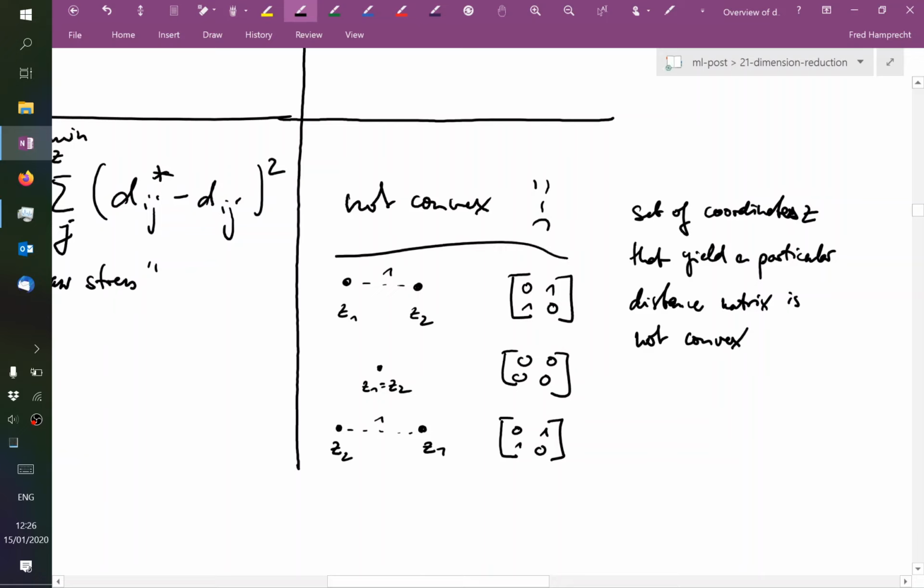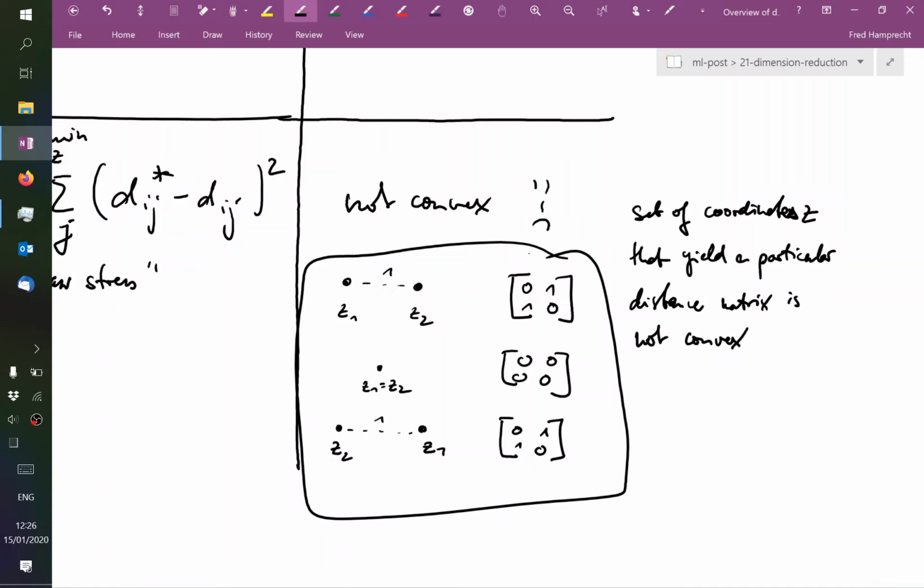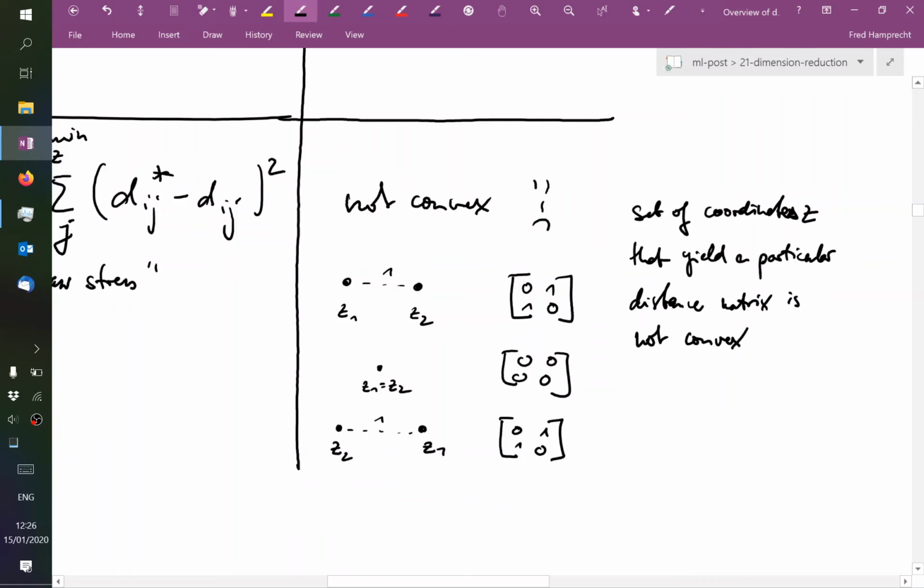And so why did I make this argument here? Because a set is convex if we can take 2 members of that set and then interpolate between them, and at all intermediate positions we still want to be within that set. But here you see, as we interpolate the coordinates from the top and from the bottom, in between we get out a distance matrix that is different from its limiting cases. It's not convex. It is the boundary of a cone.